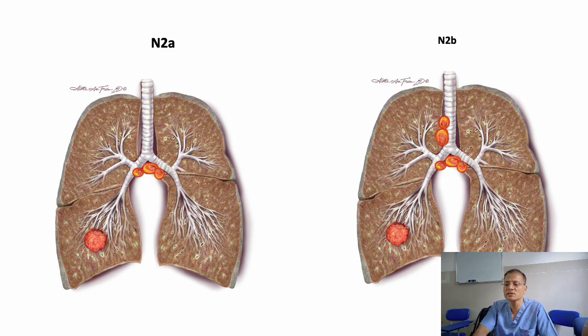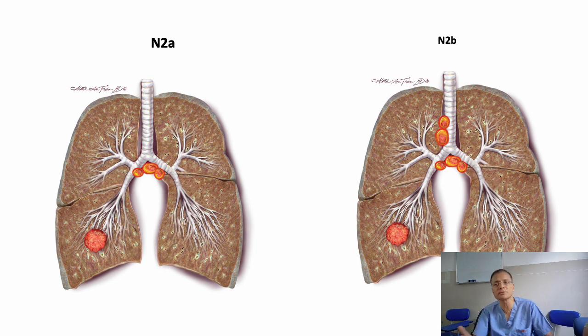Before, whatever the mediastinal lymph nodes were, they were called N2. But in this 9th edition, if a solitary single station is positive, we take that as N2a. If there are multiple stations, like subcarinal and others, that has to be taken as the N2b group. Because the N2a group is still a candidate for surgery, whereas for N2b, upfront surgery is never recommended.